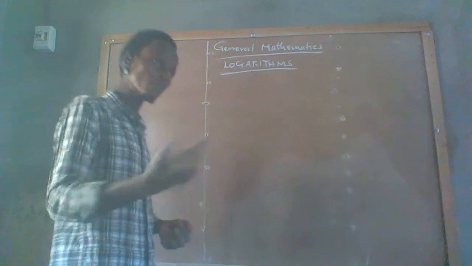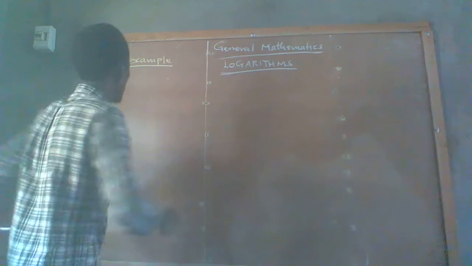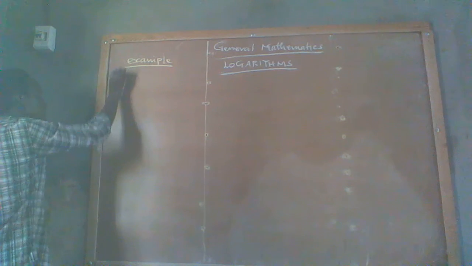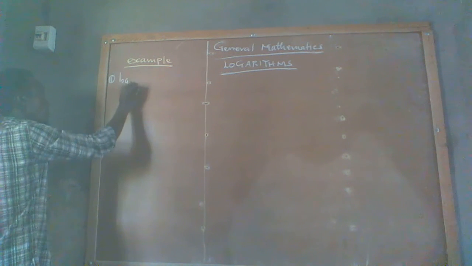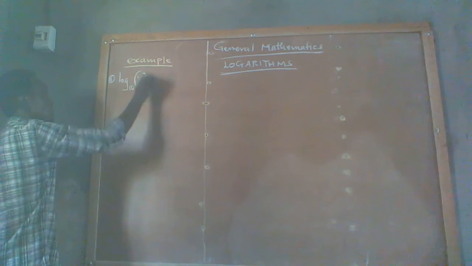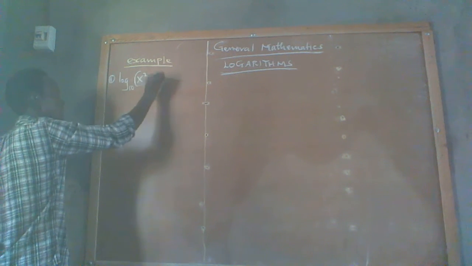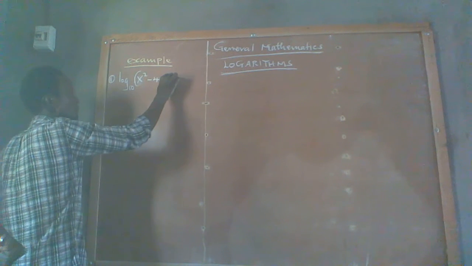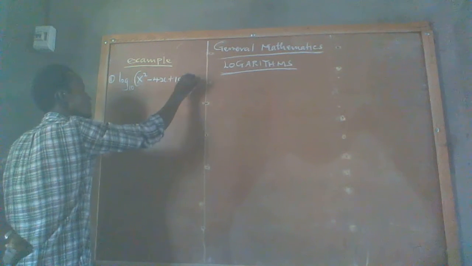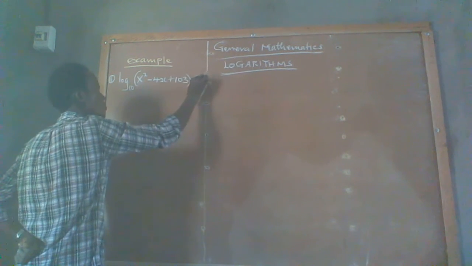So let's see. Let me solve a problem which leads up to a quadratic equation, okay? Example 1: if I say log base 10 of x square minus 4x plus 103 all equal to 2.